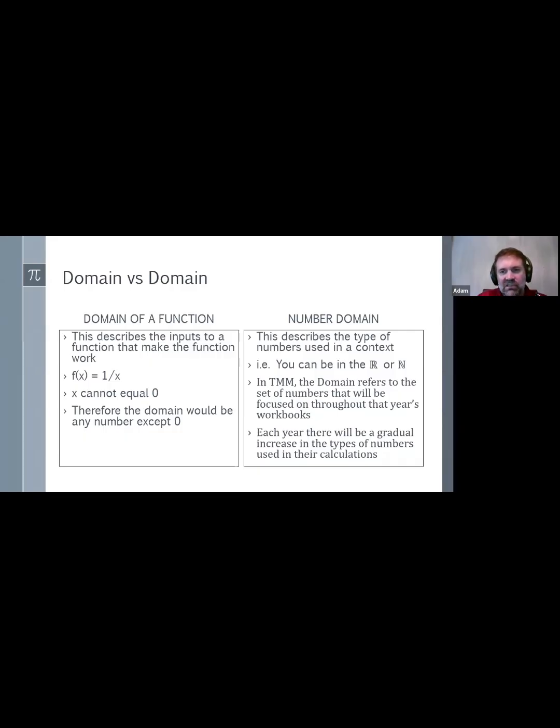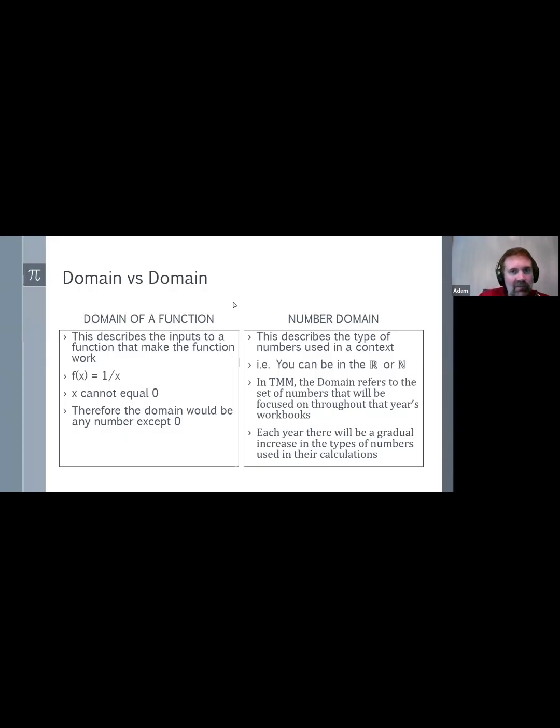This describes the type of numbers being used in the context. What I mean is if you're doing the naturals domain, we're going to be using natural numbers in the calculations. Trust me, you will be seeing maybe some other higher domains within the workbooks, but you won't be trying to calculate with those.